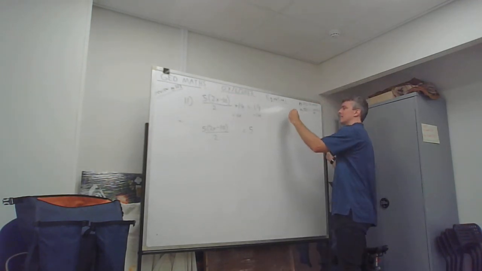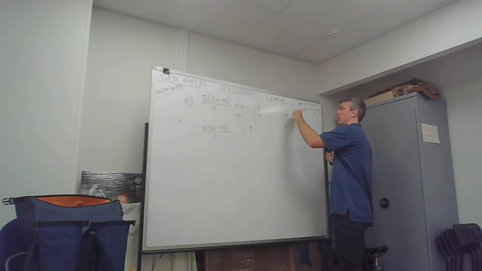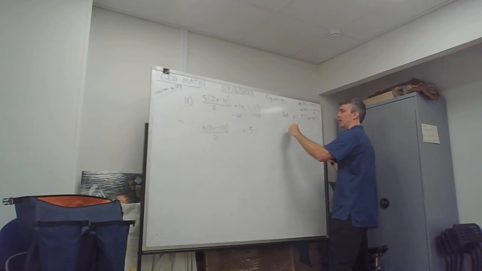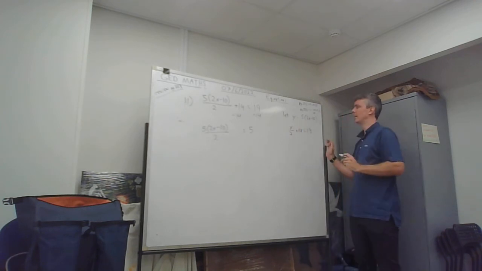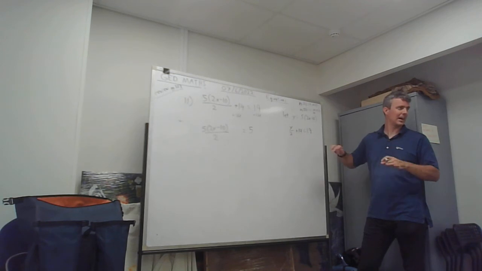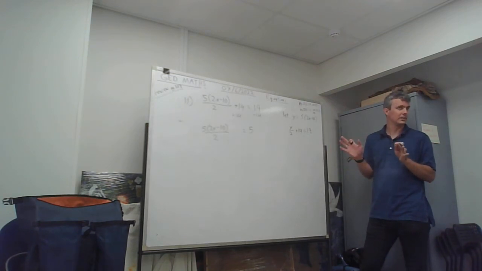It's as if I said that y equals 5 times 2x minus 10, right? And then I have y over 2 plus 14 equals 19. And then I solve for y. And then I put this back in, right? It's kind of just I'm using the same techniques.